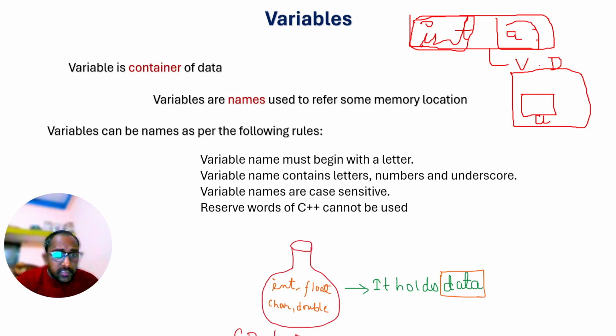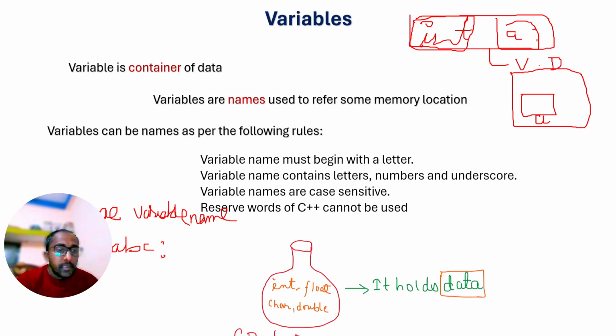Suppose the syntax of variable declaration is data type, then variable name, just like float a b c.